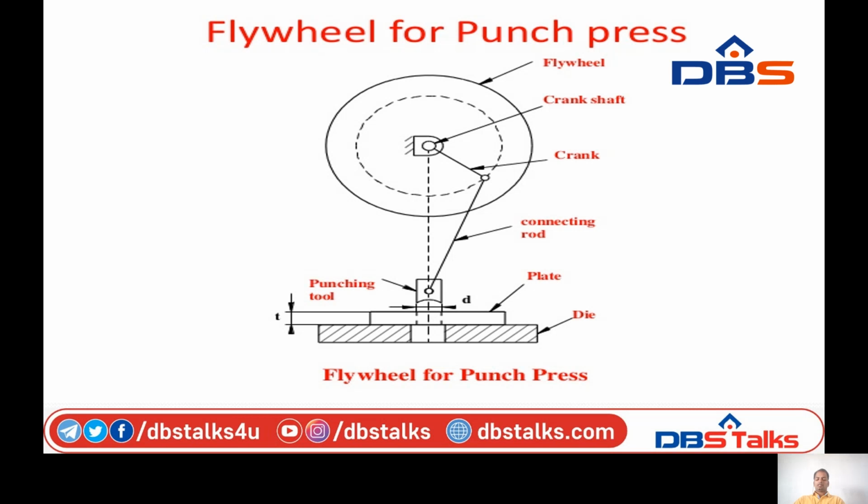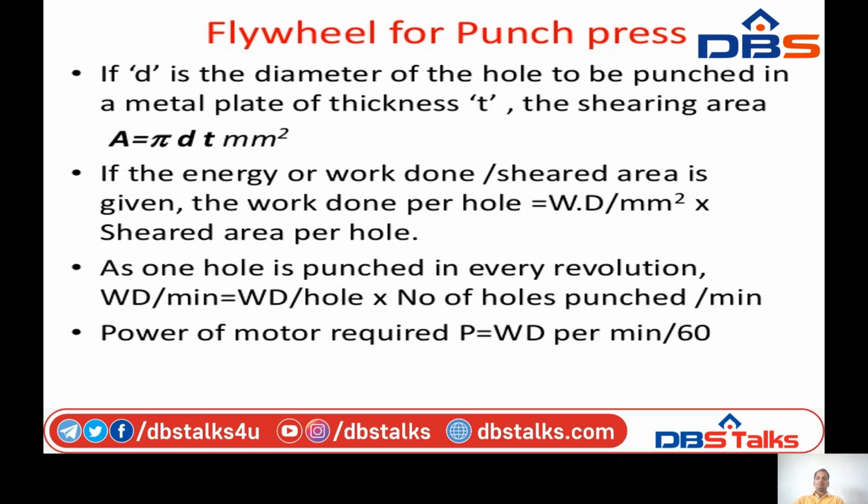When the actual punching takes place there is load, and the load is 0 for the rest of the cycle. Unless the flywheel is used, the speed of the crankshaft will increase too much during the rotation of the crank from theta 2 to 2 pi, and again from 0 to theta 1, because there is no load while the input energy continues to be supplied.